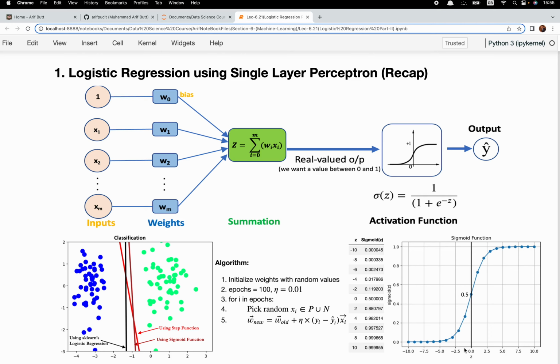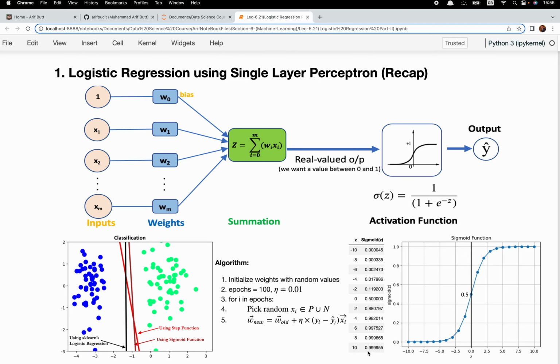This range of z can vary, of course, from -infinity on the left to positive infinity on the right. But right now it is ranging from -10 to +10. My dear students, you can see in this table as well as in the graph, if z is a very large positive value, sigma of z approaches to 1.